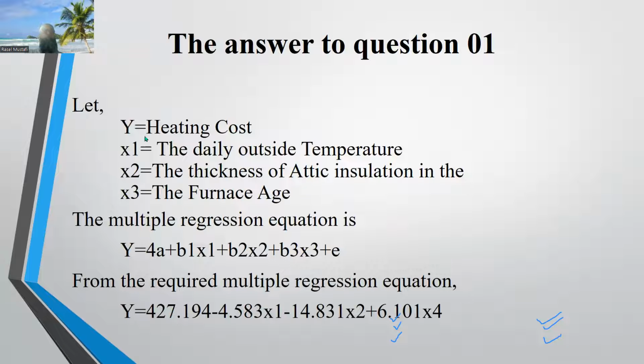Question number 1. Y is the heating cost, X1 is the daily outside temperature, X2 is the thickness of attic insulation, and X3 is the furnace age.